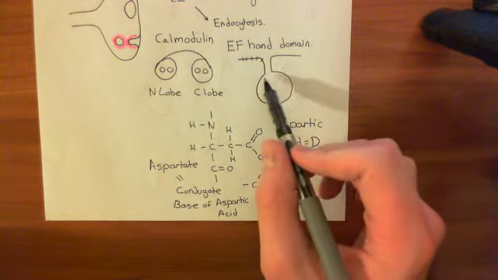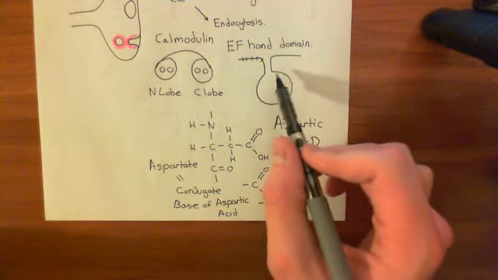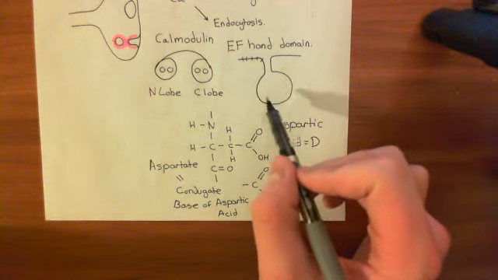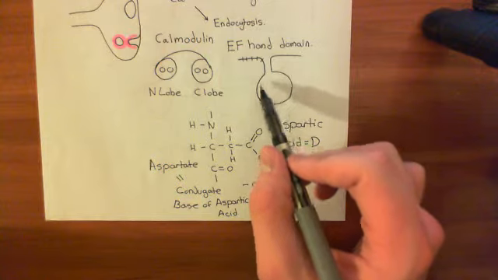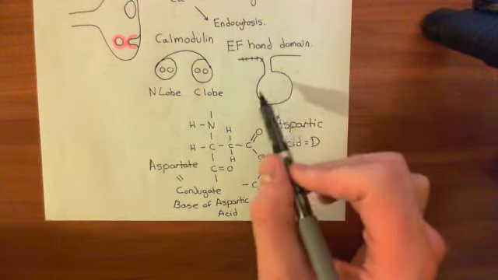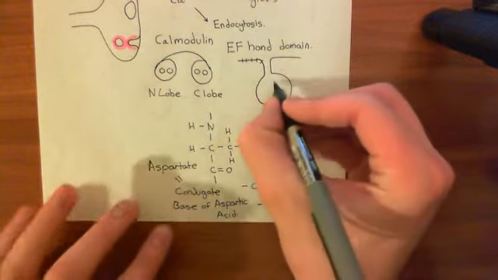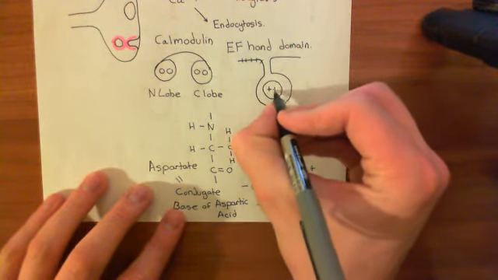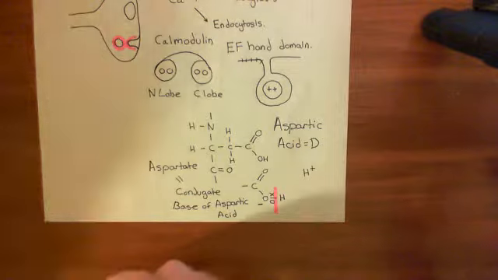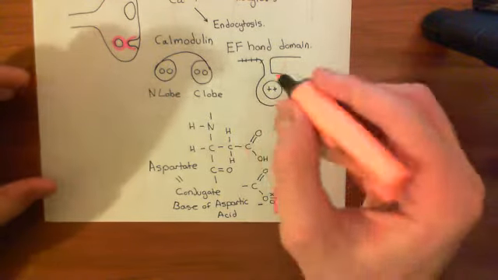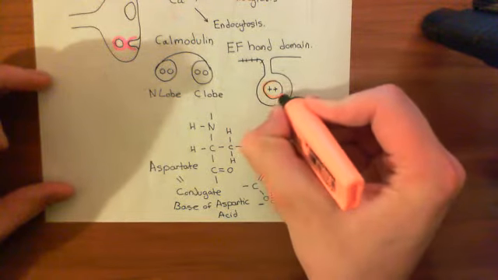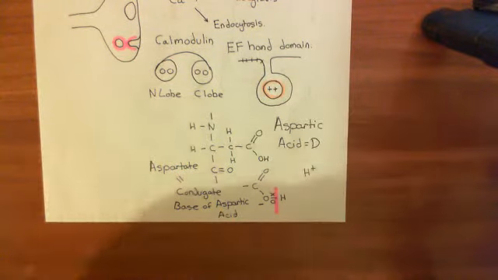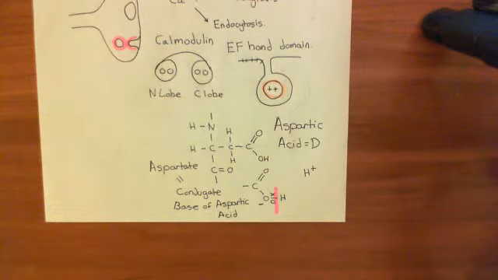So basically, by putting a load of acidic residues here, some of them will donate their protons and gain a negative charge. So you've actually put loads of residues that have negative charges here. And that's perfect for coordinating a divalent cation like a calcium cation. Okay, so that's what an EF hand domain is. It's one of these polypeptide domains that's capable of binding a calcium ion.